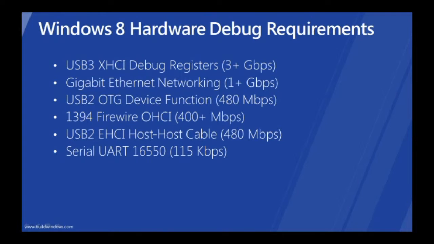Currently, we support the standard USB 3 XHCI debug capability, about 200 Gigabit Ethernet adapters from Intel, Broadcom, and Realtek, USB 2 OTG implementations based on Chip Idea, NVIDIA, and Mentor Graphics, the standard 1394 and USB 2 host debugging, and serial 16550 compatible UART.